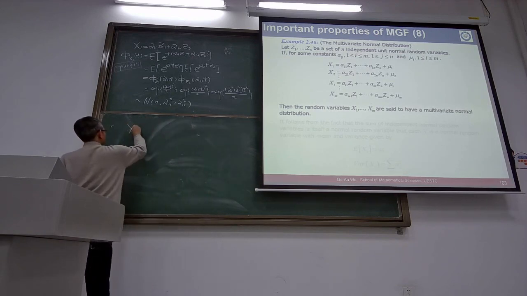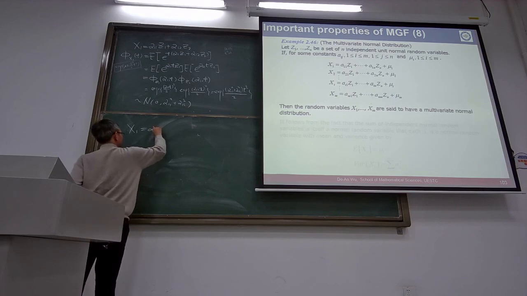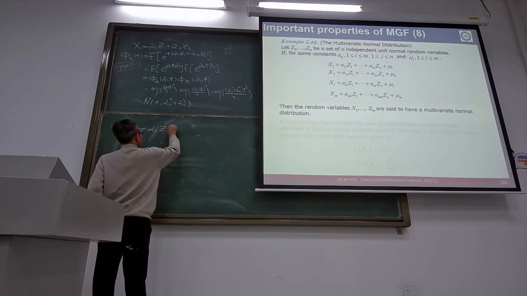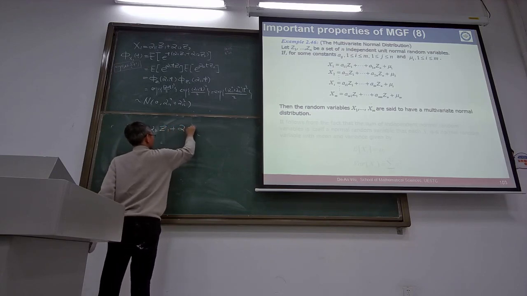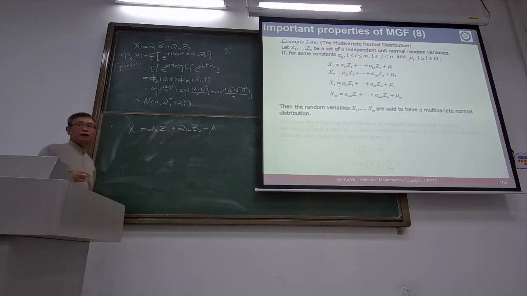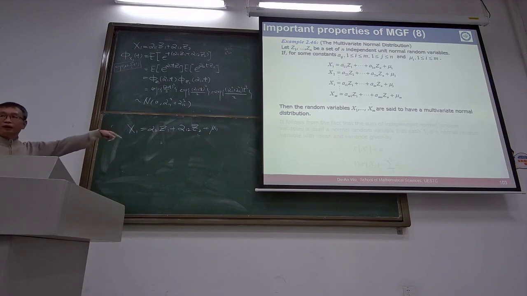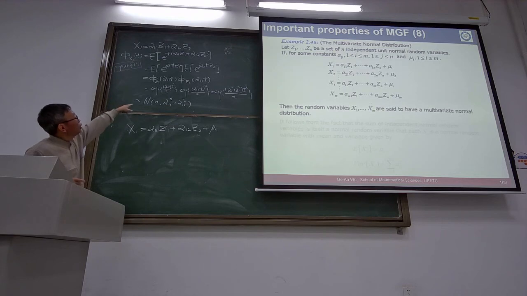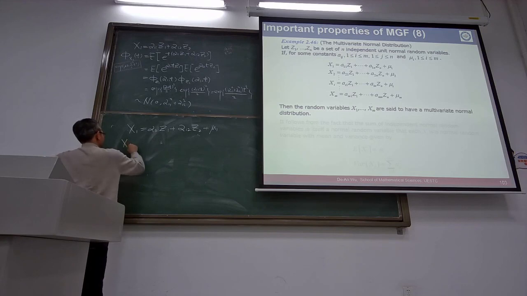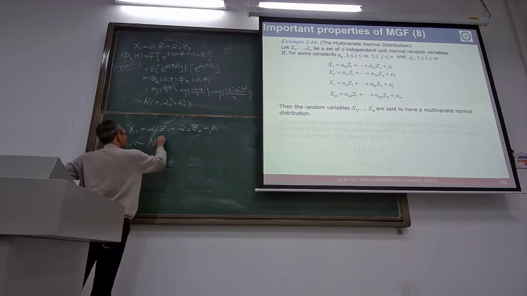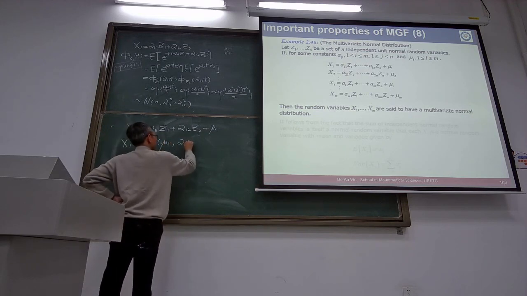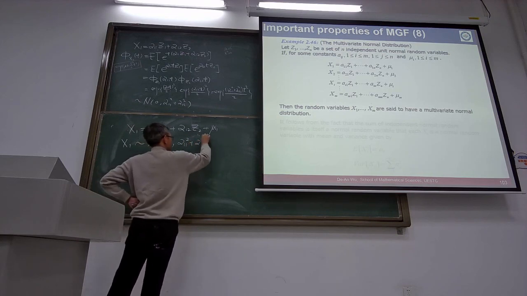If x1 equals alpha 1 1 z1 plus alpha 1 2 z2 plus mu1, in this case mu1 is just a constant, using the same procedure we can show that x1 also follows normal distribution with parameters mu1 and alpha 1 1 square plus alpha 1 2 square.